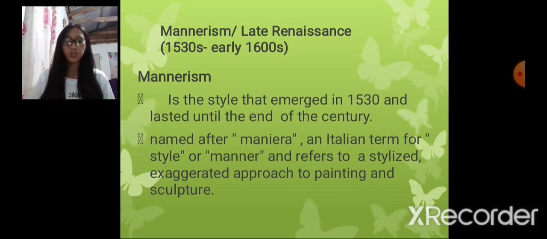In this period, paintings and sculptures have been exaggerated, unlike the early and high Renaissance. Simply, it was a style as a reaction against Renaissance obsession with proportionality and naturalism.